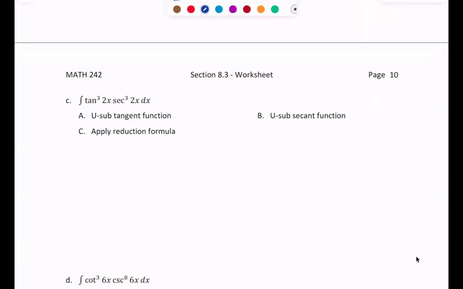So C, use of tangent or use of secant? Figure out.